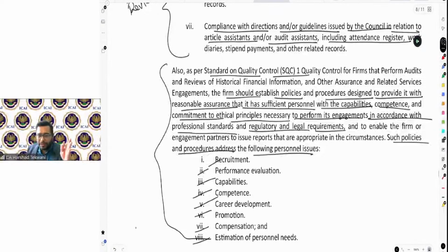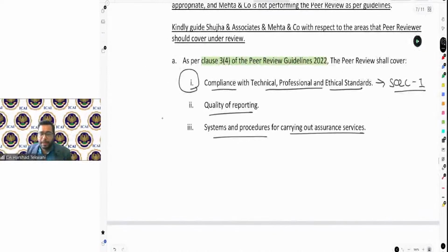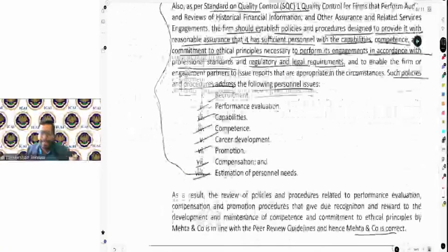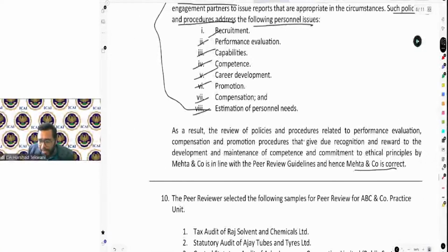SQC1 is a part of compliance with technical, professional, and ethical standards, which is part of my peer review scope and the areas that I need to cover under the peer review, and hence Meta and company is correct with respect to their review and the observation. Clear? Any doubts?